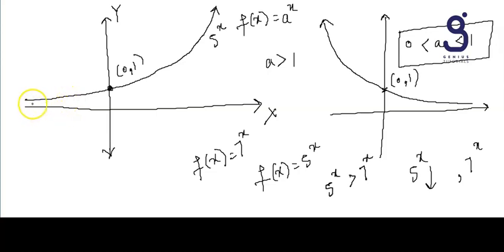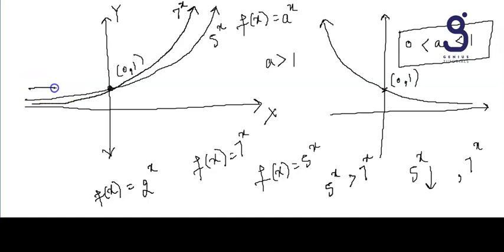That means for this region it will lie here, otherwise this will be the value of 7^x. Same way, if I want to draw a graph of f(x) = 2^x, it will be like this. I hope you are getting my point.